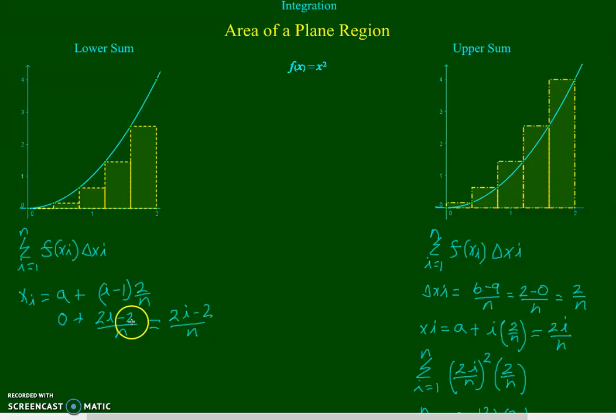Now we can go ahead and substitute that back into our form, and we have the sum for i equals 1 to n of this quantity, 2i minus 2 over n. That's our x term going into our function, so that's squared, times the width of the subinterval, 2 over n.